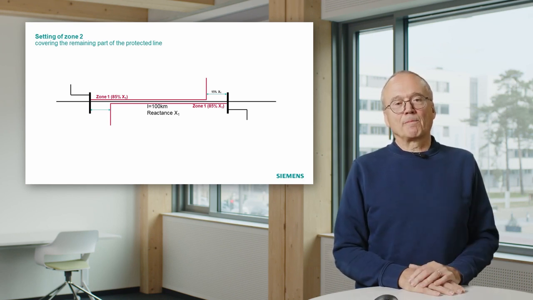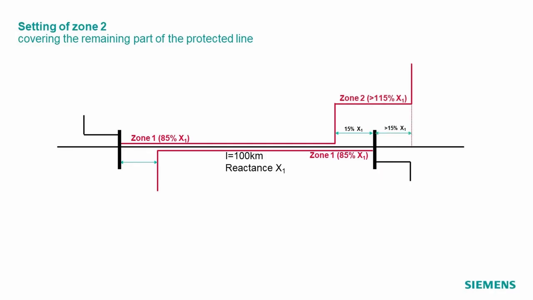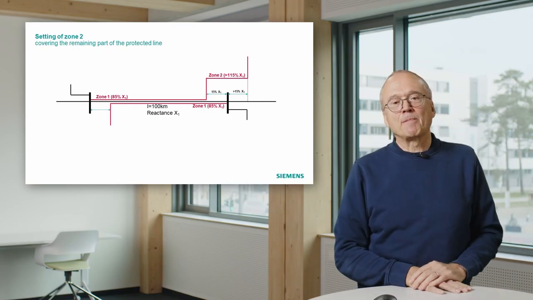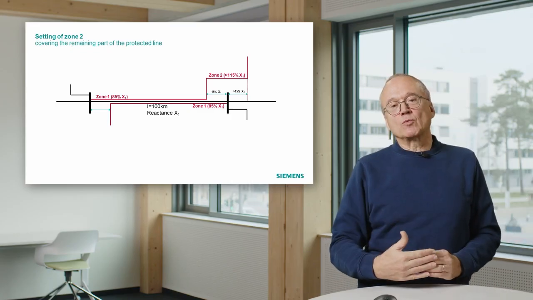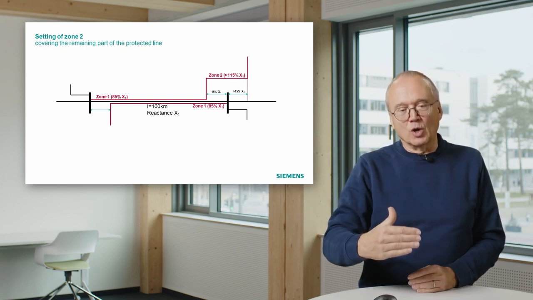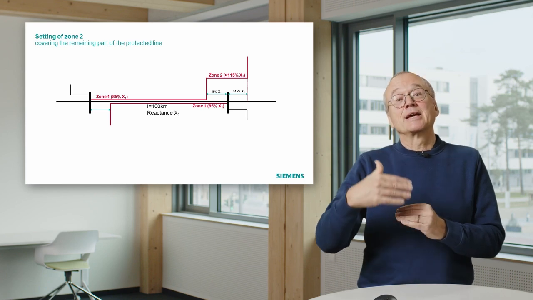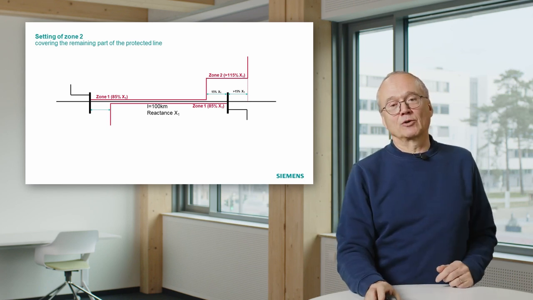So now what we can do is to compensate this problem. We add a zone 2. A zone 2 is just a second zone, which is a bit wider. It looks a bit wider into the relay. And that should be wide enough so that we are sure that the remaining 15% are covered, even if we have measurement errors.